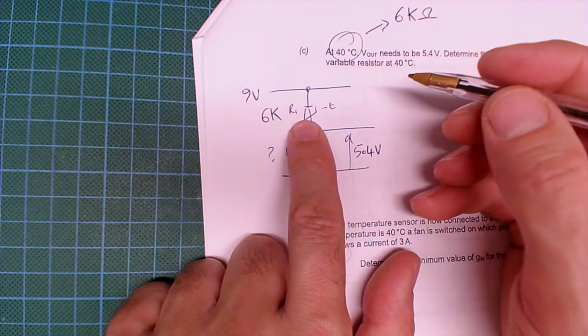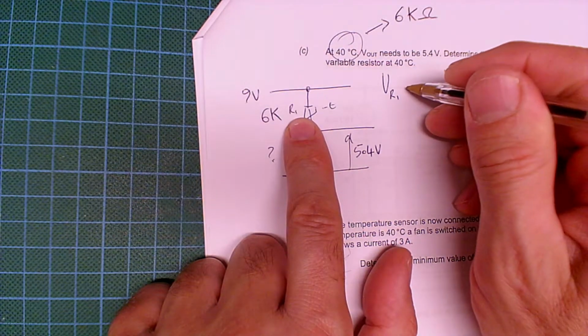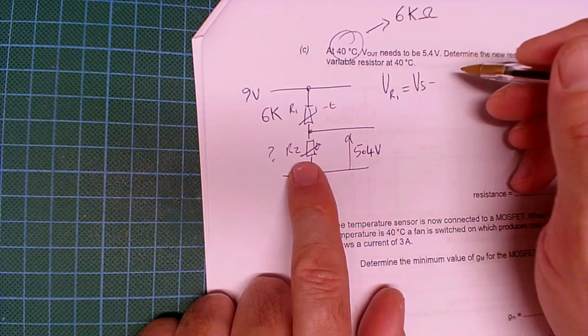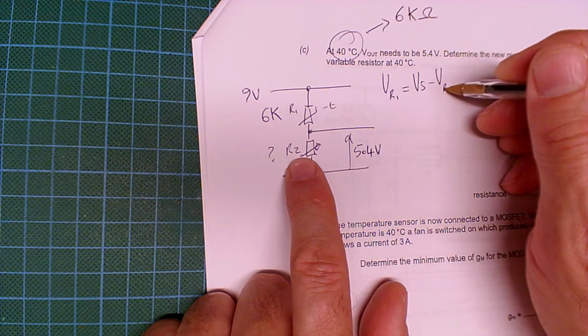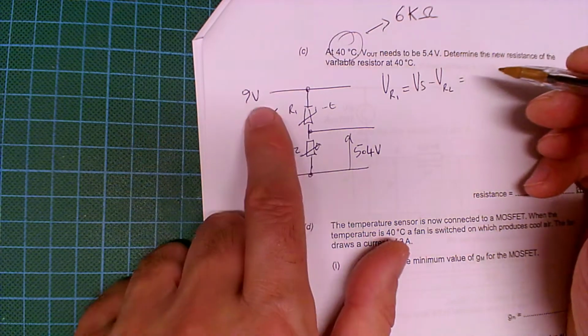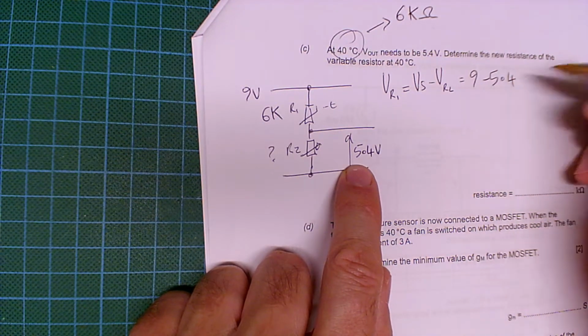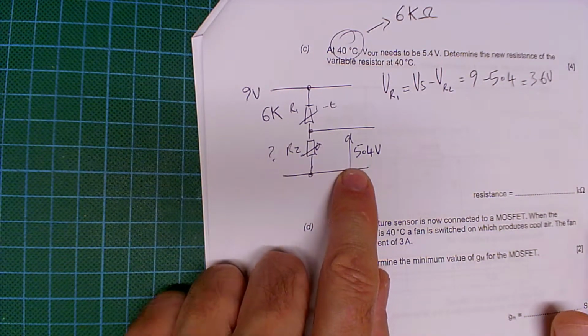So the voltage drop across R1 is going to be equal to the supply voltage minus the voltage drop across R2. Okay, so let's do 9 minus 5.4. Okay, and that gives us 3.6 volts.